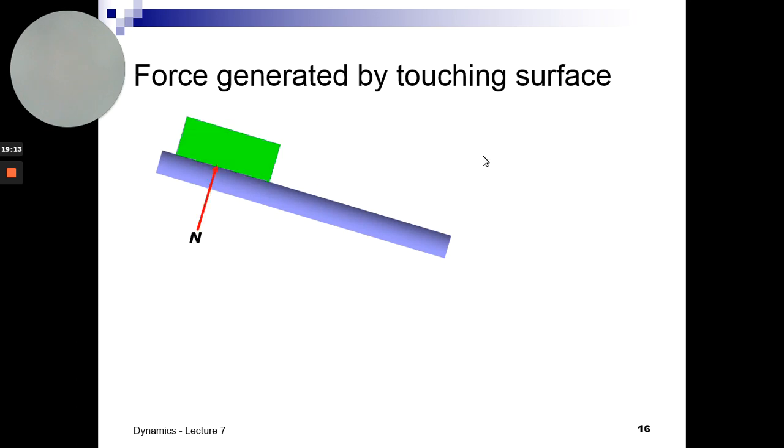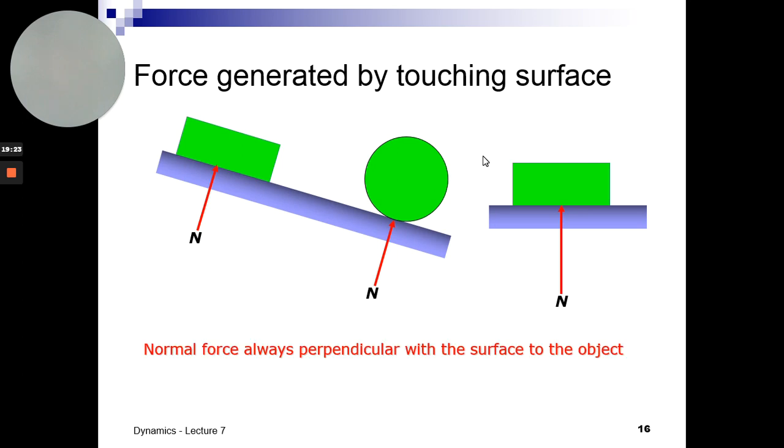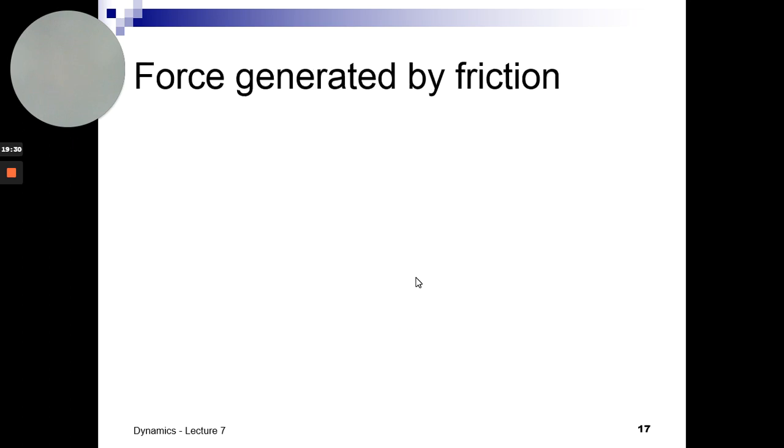And then force generated by touching surface. So in any cases of touching surface, kita akan ada satu normal forces acting perpendicular to the touching surface. Okay, perpendicular to the touching surface. And then force generated by friction. This is due to the coefficient of friction of the surface.